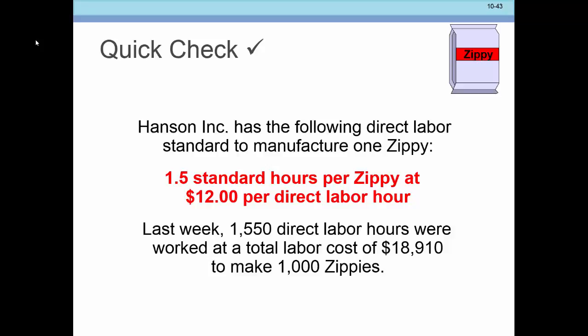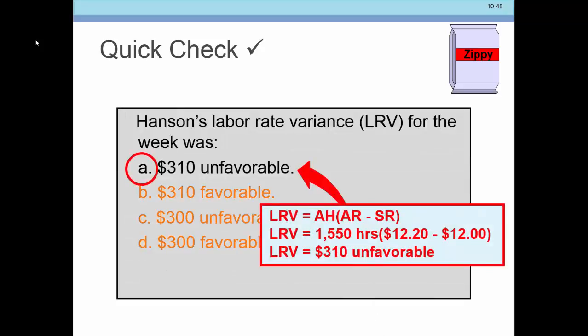Okay, good. Nice job. So we've got what? 310 unfavorable. Can we get a different number up there? Because you started with 1550.